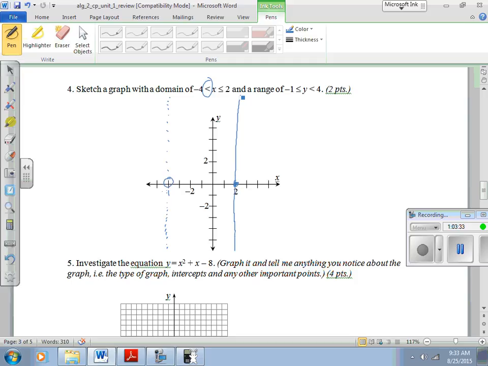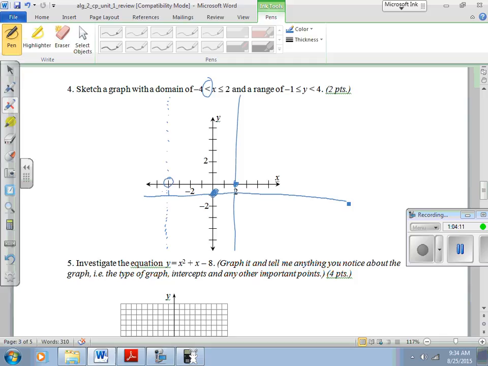Now the range tells you the next part. What's the range giving you restrictions on? Let's start to get more people participating, because part of your grade is going to be participation. Okay? So go to the y-axis at -1, open or closed? Closed. So that means I'm going to include anything right there. And then, how far can I go up? 4.